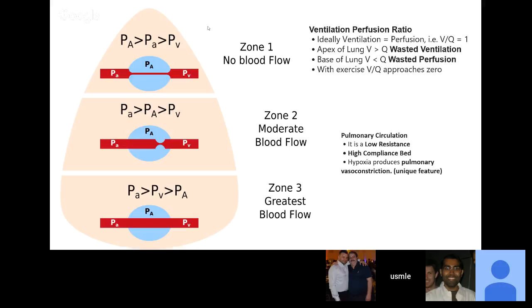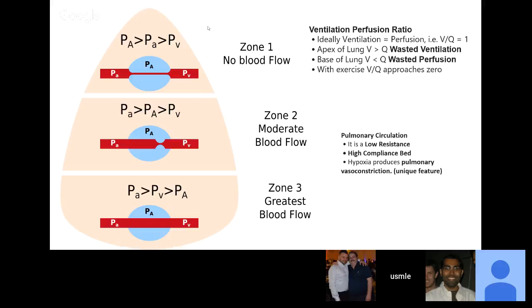This is the same thing. Volume goes up, what is solid stays down. So in here, the base of the lung, the volume would be lesser than the perfusion, and this is what you call wasted perfusion.